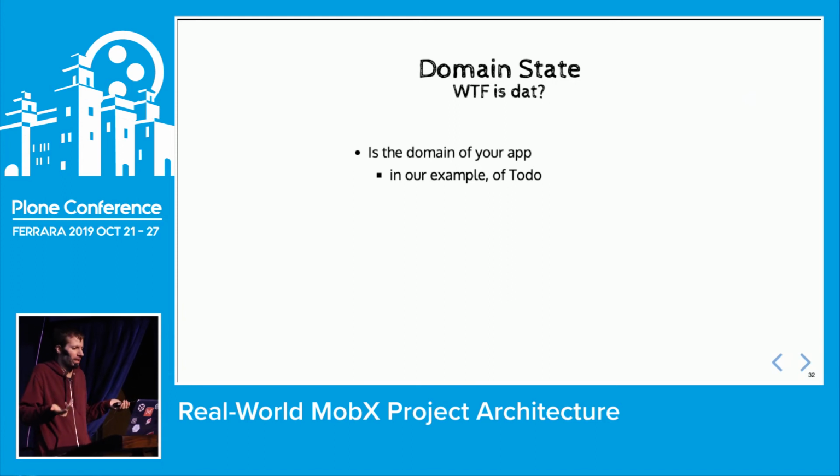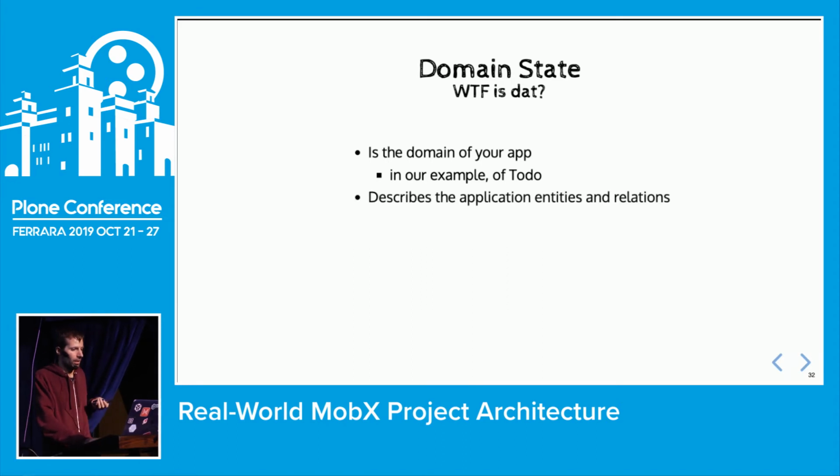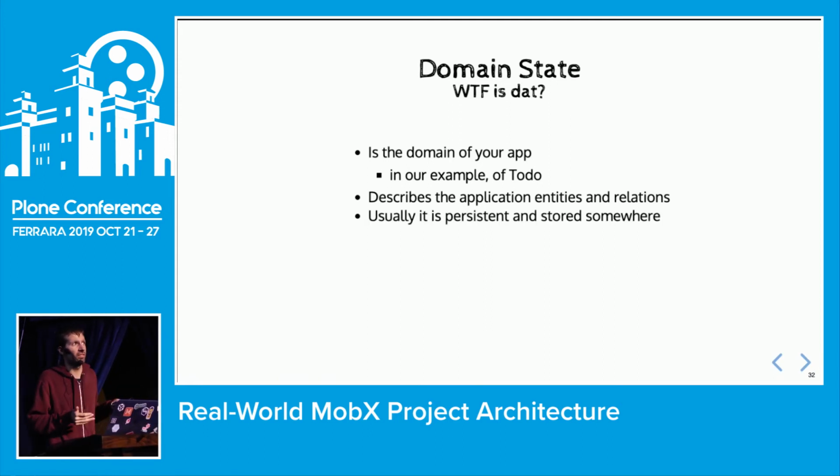But if we are speaking about a shopping cart, for example, your domain will be the products, the orders, the customers. So basically, you can describe the domain state as the entities and the relations. You can usually acknowledge which is your domain state by looking at what is persisted over the application usage. Everything that is persisted is usually the definition of your domain state.